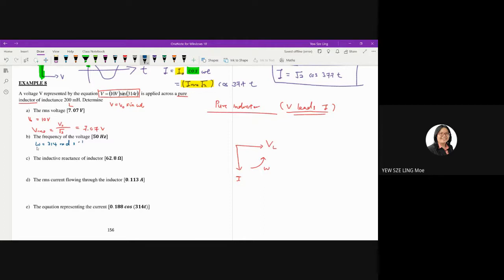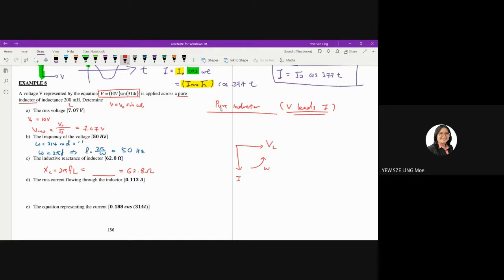Remember omega equals 2 pi f, rearrange the equation, f equals omega over 2 pi. Therefore, it equals 50 hertz. The inductive reactance XL equals 2 pi fL. Plug in the values and eventually you will get 62.8 ohms.